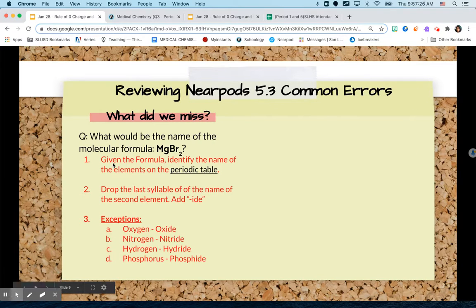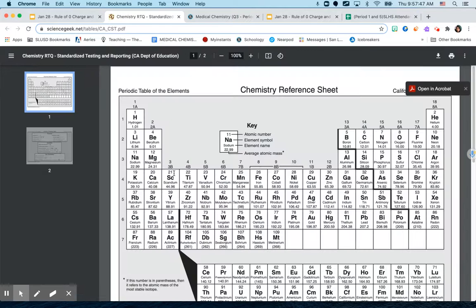The final thing, which I didn't notice too many errors on, is this question in lesson 5.3: what would be the name of the molecular formula MgBr2? I first need to look up what Mg is called and what Br is called.